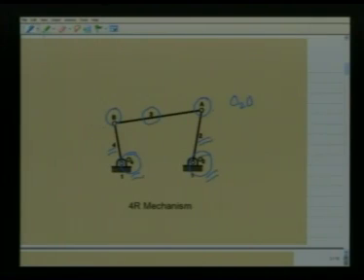Such a 4R mechanism has four kinematic dimensions, namely O2-O4, which we represent by say L1, O2A, which we represent by L2, similarly AB is equal to L3, and O4B as L4.